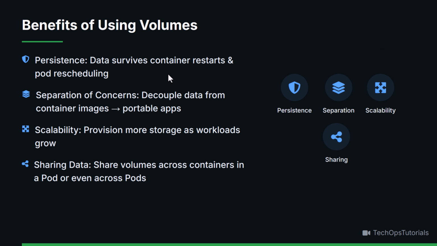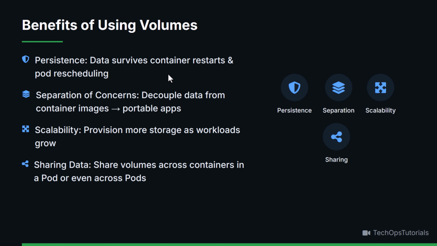Now let's quickly look at the benefits of using volumes. The first one is persistence. Your data survives container restarts and even pod rescheduling. Next, volumes bring a separation of concerns. By decoupling the application data from the container image, we make our application more portable and easier to manage.